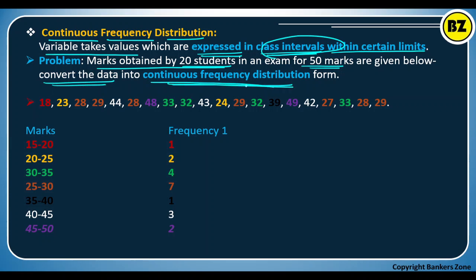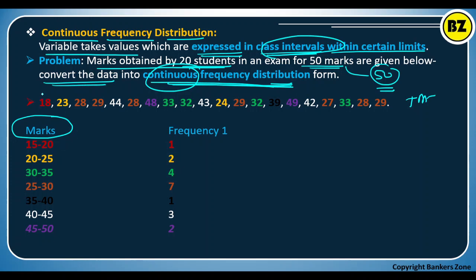So how can you convert? There are 20 students, scoring out of 50 marks. The total marks in the exam are 50, and we have to create a continuous distribution. We can divide the marks into different intervals.